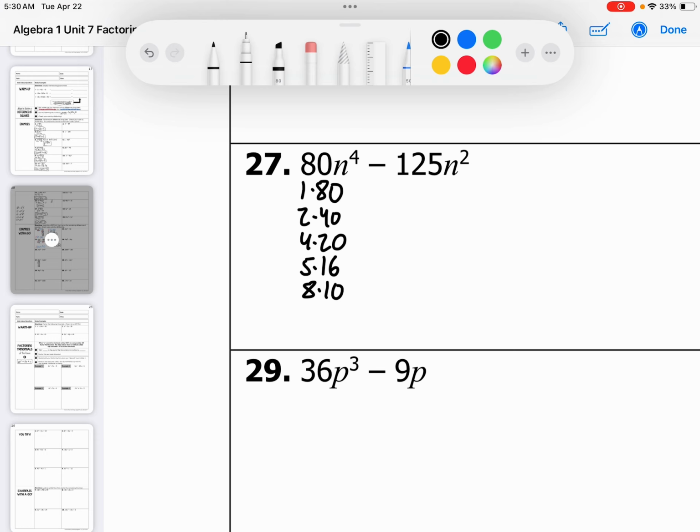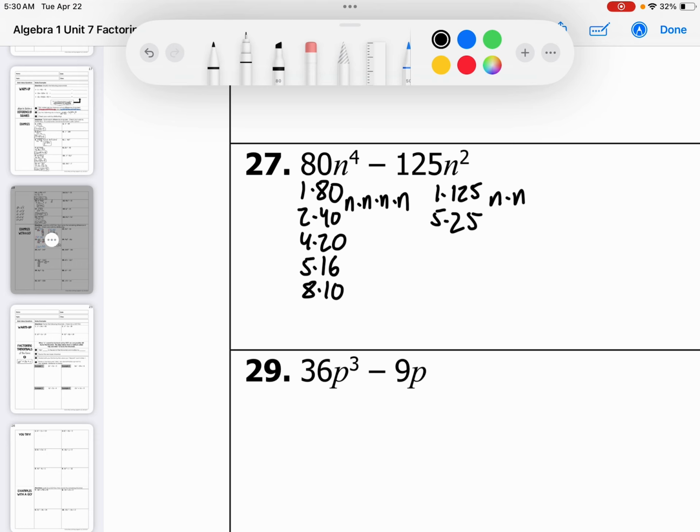And then for the n to the power of 4, we would have 4 n's. For 125, we'd have 1 times 125, and 5 times 25, and then n times n.